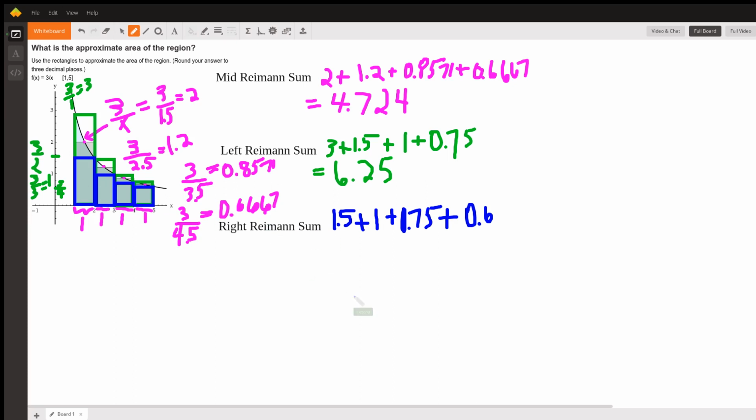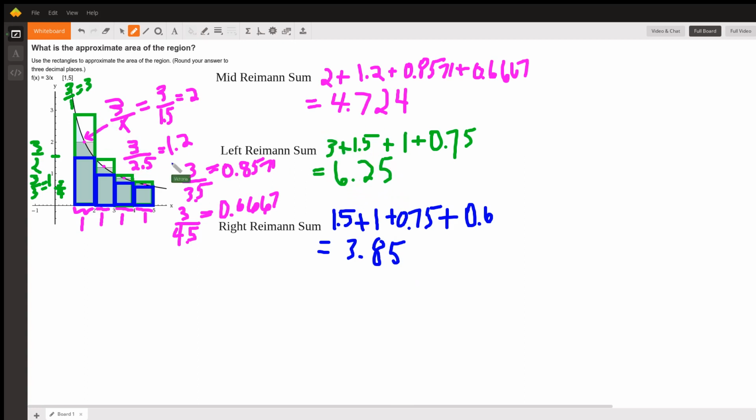So when we add up 1.5 and 1 and 0.75 and 0.6, we get 3.85.